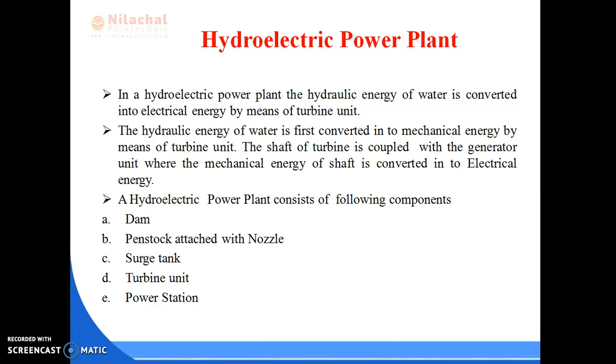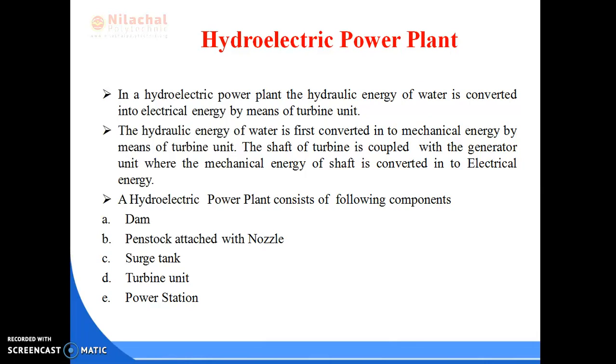Before studying the hydraulic turbine, we need the concept of a hydroelectric power plant. As the name indicates, hydroelectric means: hydro means water, electric means electrical energy.